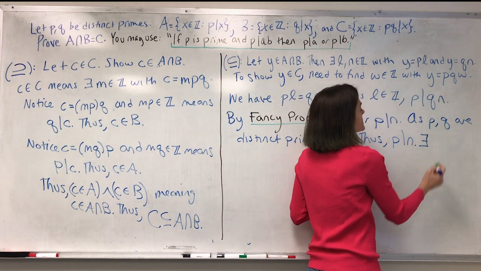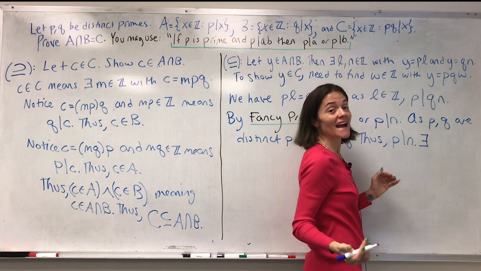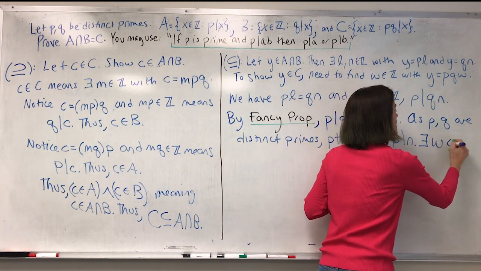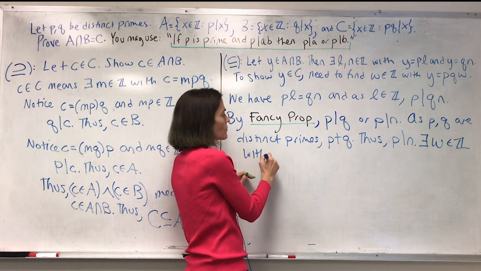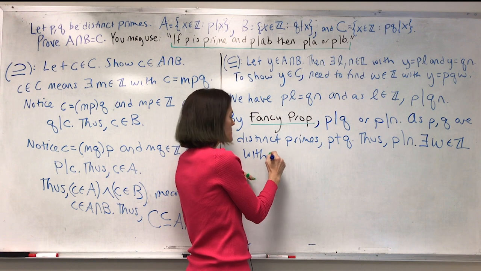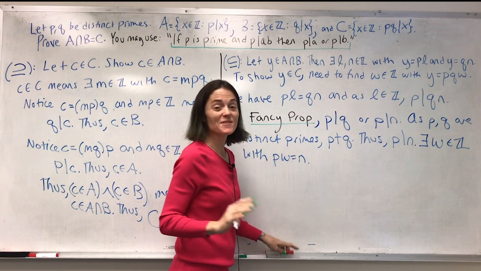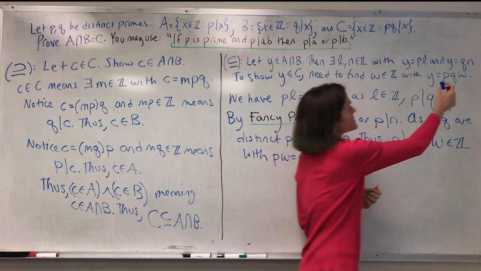There exists, let's say, well, I'll even match this letter, we want to find a w in Z. This is where I get it. So there exists a w in Z with pw equals n. Now, I am in really great shape because what I'm going to do is go back to this.